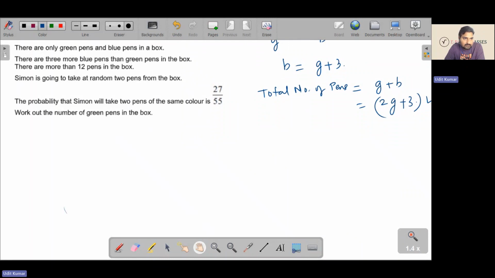One more information which is given to us is that there are more than 12 pens in the box, right? Okay, let's see where we can use this information. Now, Simon is taking 2 pens at random, and they both are of same color, and its probability is given as 27 by 55.